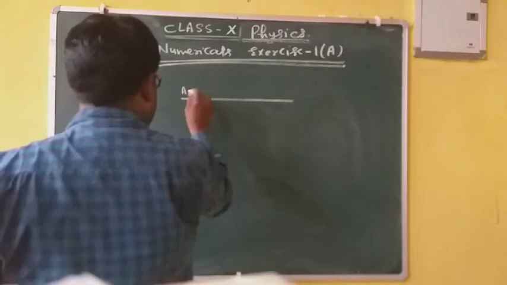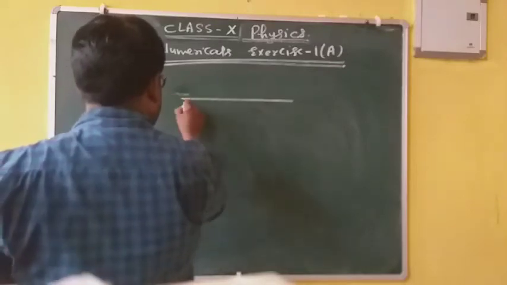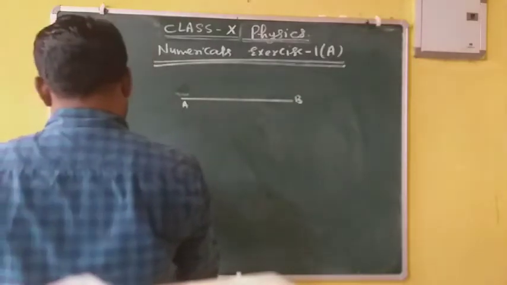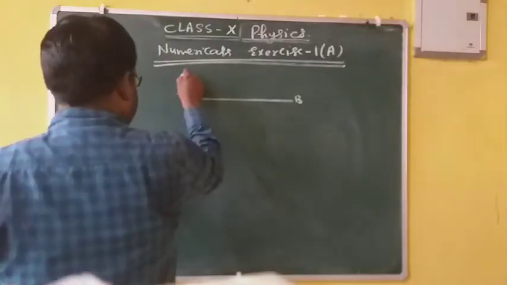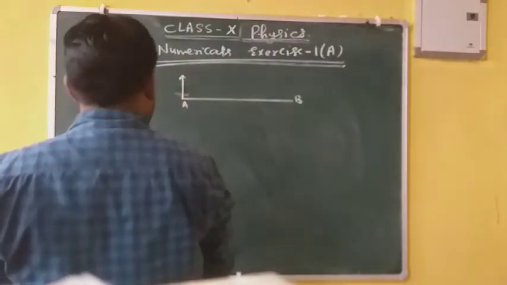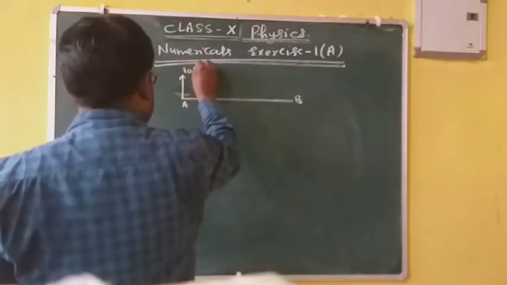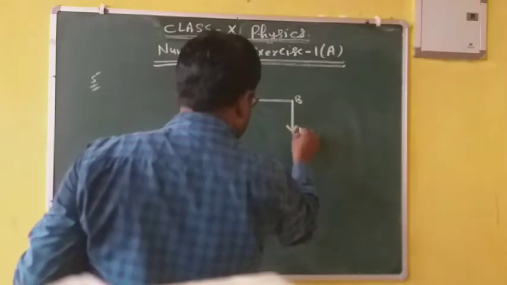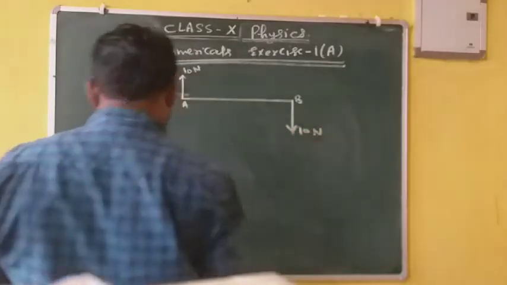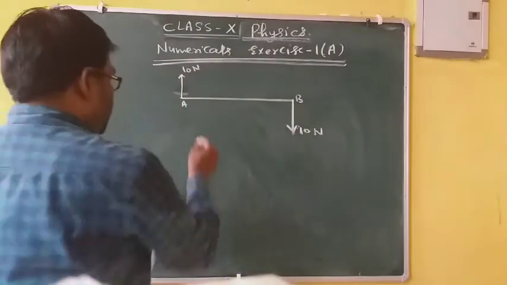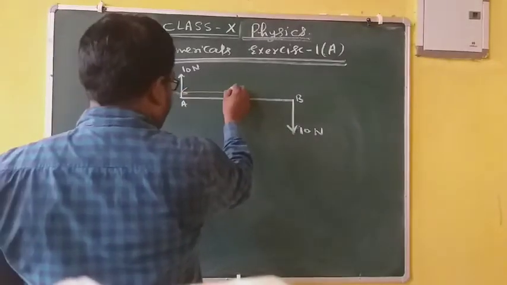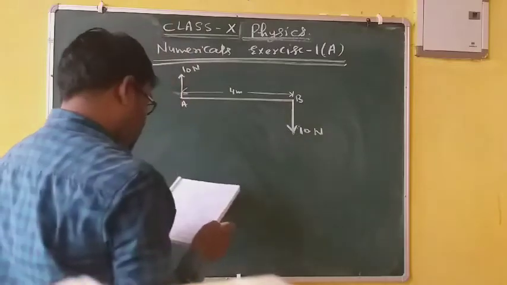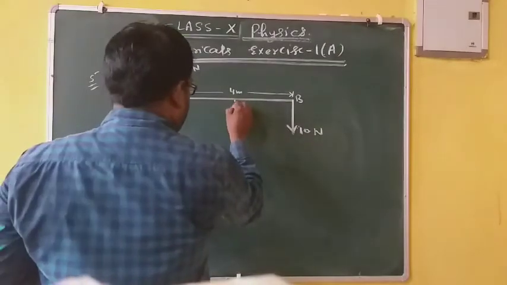AB, two forces, 10 Newton here, and here also 10 Newton. Distance between A and B is 4 meter. This is the pivoted point O.